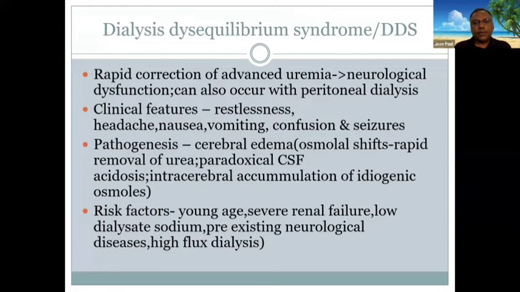But the blood-brain barrier is not so permeable to urea, so the urea level in the brain will remain very high. So it acts as an osmotic agent and it draws water into the brain. So it will cause cerebral edema.